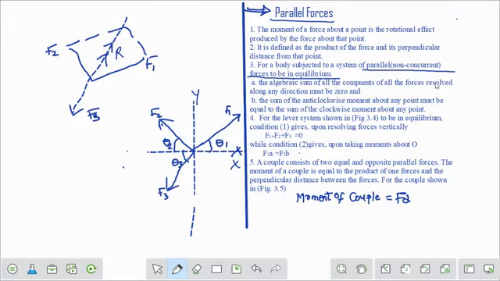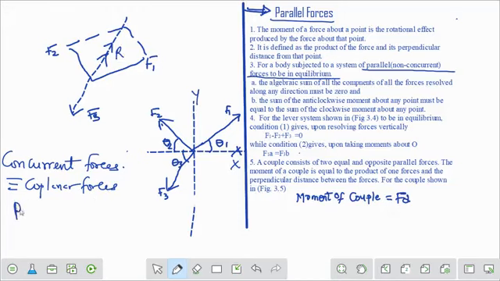I forgot to tell you that another name for concurrent forces is coplanar forces. So another name for parallel forces is non-concurrent or non-coplanar, or we can also call this non-parallel.